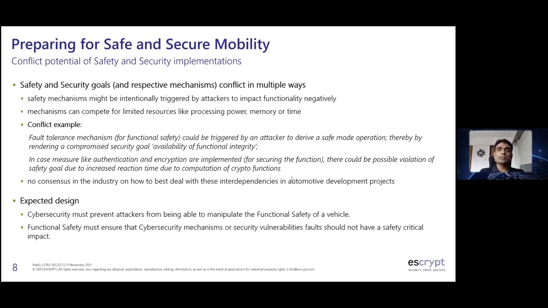These are one or two small examples which are practical, implementable, and unresolvable dilemmas that a software engineer might face. There is no consensus in the industry on how to address this, but the fundamental expectation is clear. Cybersecurity must prevent attackers from being able to manipulate the functional safety of the vehicle. And on the contrary, functional safety must ensure that cybersecurity mechanisms or security faults do not have a safety-critical impact. That's an important element.